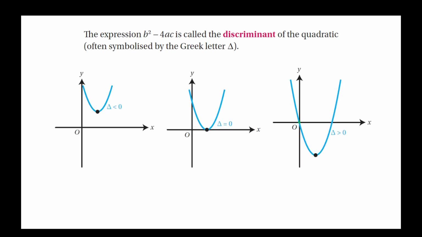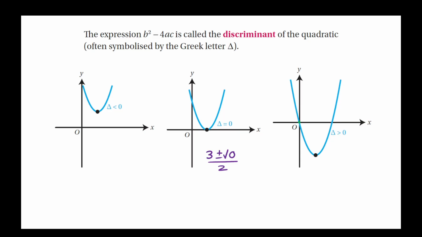Now if the discriminant is less than 0, then as previously mentioned, the parabola, whether it's positive or negative, will not cross the x-axis, so it produces no solutions. If the discriminant is equal to 0, let's say we end up with 3 plus or minus root 0 over 2.